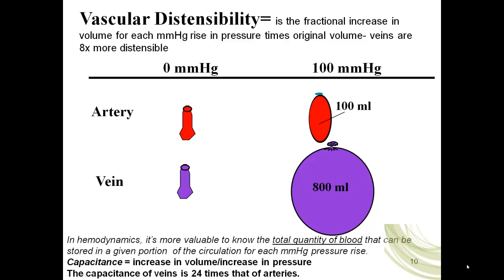I'm sure you would agree a traditional air balloon is more distensible. So veins are more distensible than arteries. They're about 8 times more distensible. Capacitance means how much of a volume do you get for every increase in pressure in millimeters of mercury. Let's take a balloon analogy again.